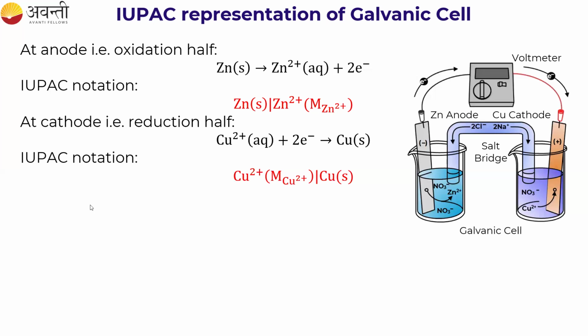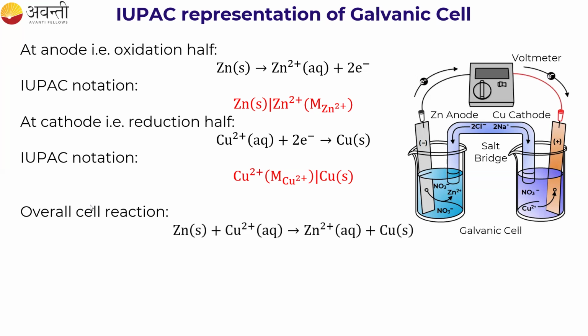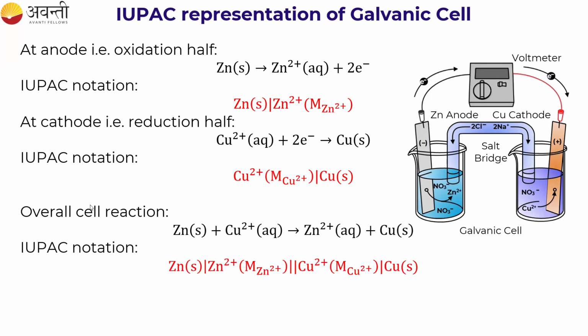Now the overall cell reaction, oxidation half reaction plus reduction half reaction, is represented using this reaction. The IUPAC notation for the overall cell reaction has to be written like this.